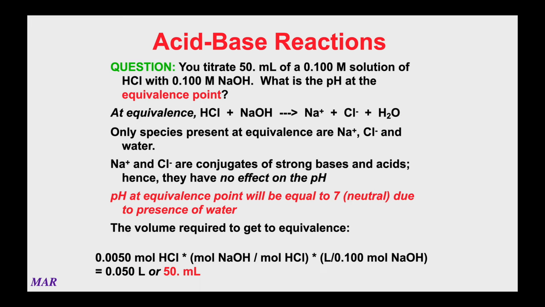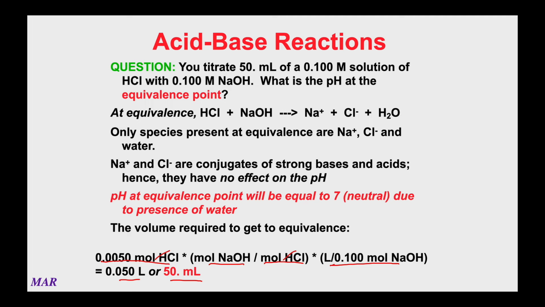Sometimes it's nice to know the volume required to get to equivalence, and you can absolutely do that. Remember that equivalence means that moles of acid equal moles of base. So in this problem, we had this many moles of HCl. We can cancel out the moles of HCl, turn them into moles of NaOH. We can then divide by the concentration of NaOH, and sure enough, it comes out to be, big surprise, 0.050 or 50 milliliters.